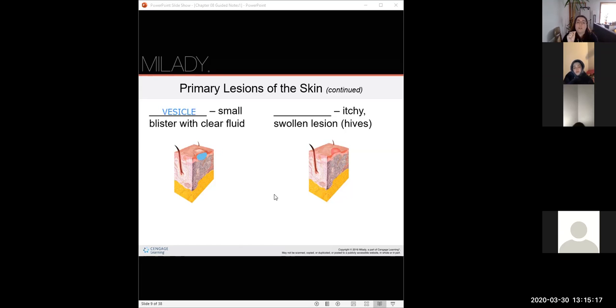And like we talked about last week, we have the epidermis and then the dermis. The epidermis has the 5 layers that all start with stratum, and the dermis has the 2 layers, reticular and papillary, and underneath we have the adipose tissue. In between the epidermis and the dermis is where we'll find vesicles.